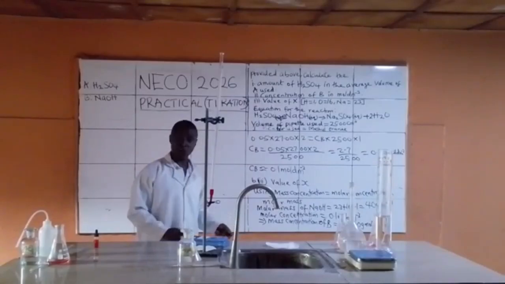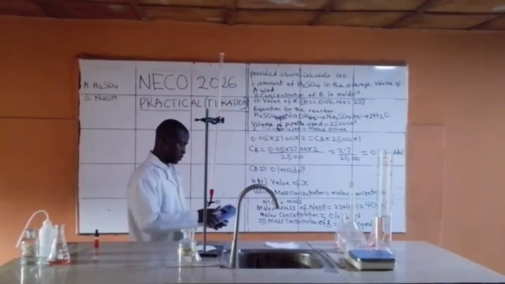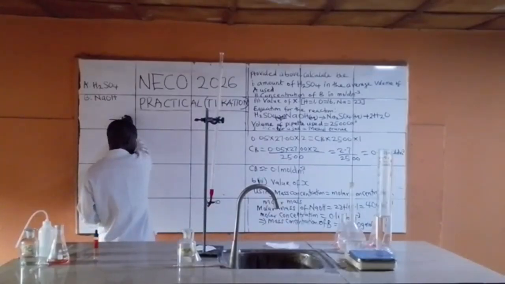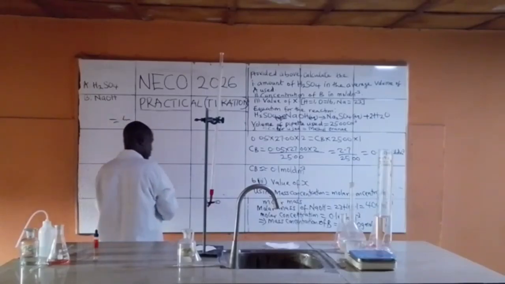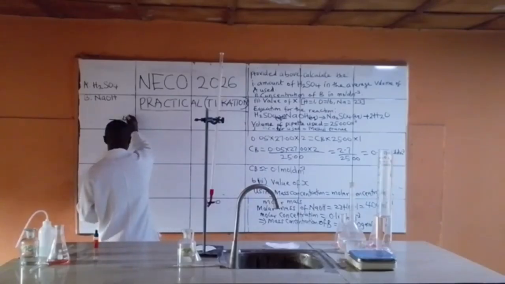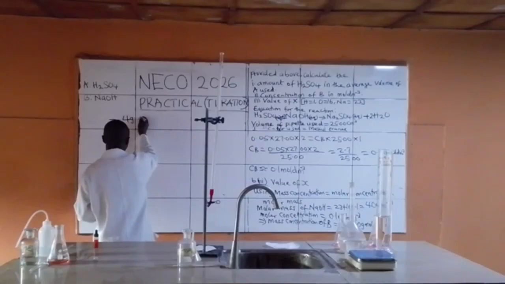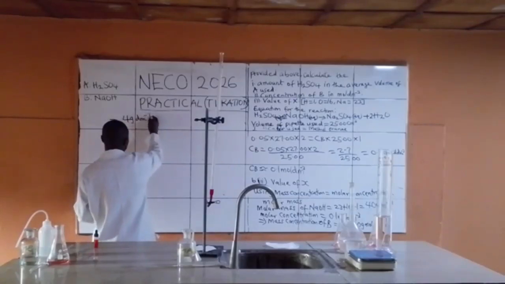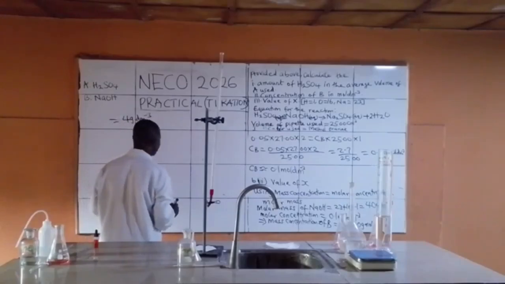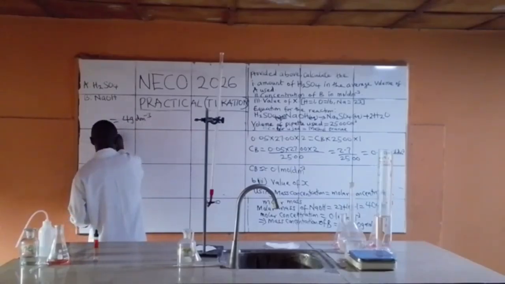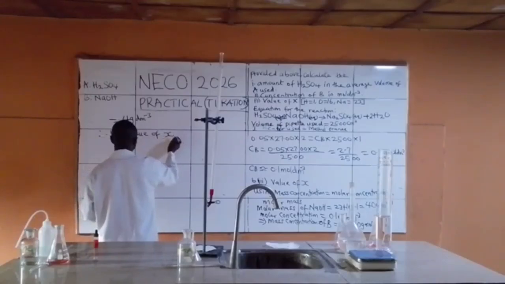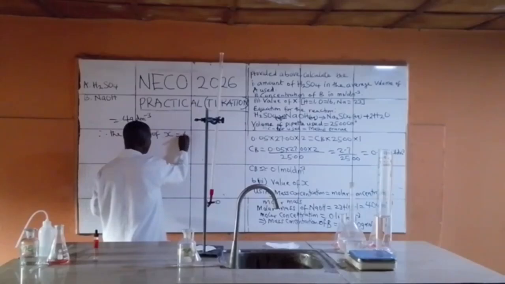From mass concentration of B equals to 0.1 times 40 gram per mole, we have 4 gram, which means that 4 gram per dm cube. Therefore, the value of x is equals to 4.